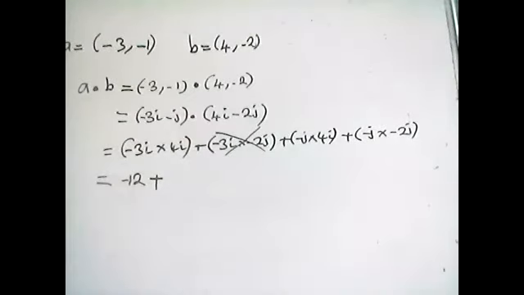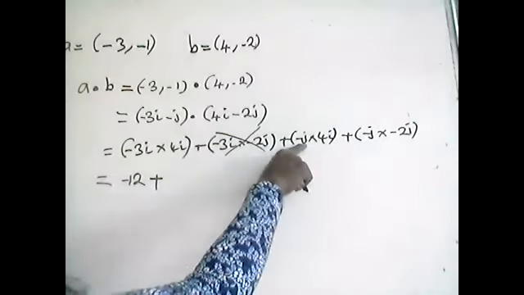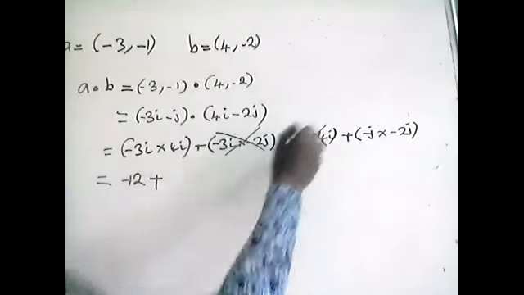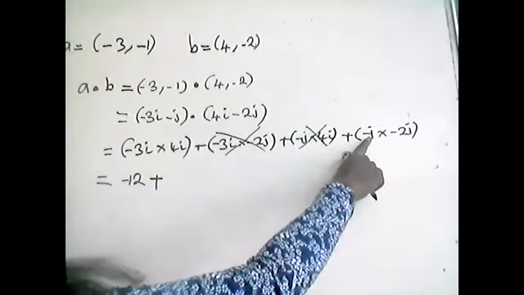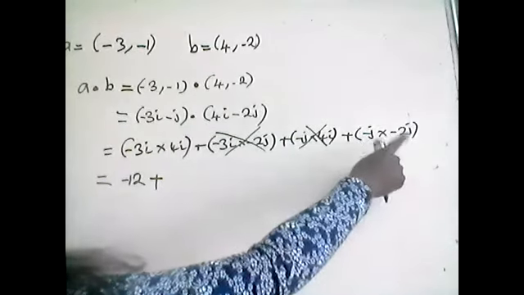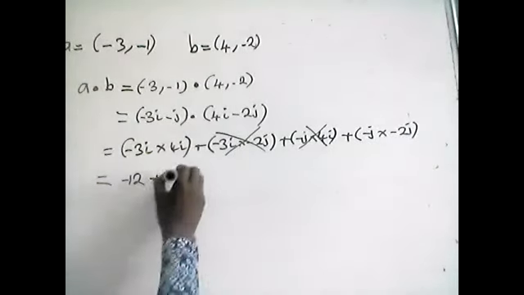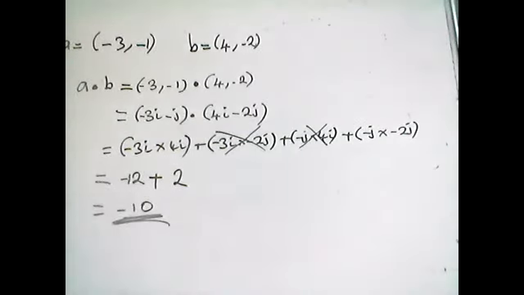This other part is also 0 because j and i give us 0. So just remove them. We remain with the last one: -j multiplied by -2j is positive, so +1 multiplied by 2, which is 2. So this gives us -10. That is the answer that we have.